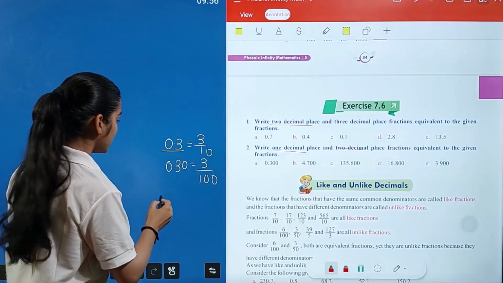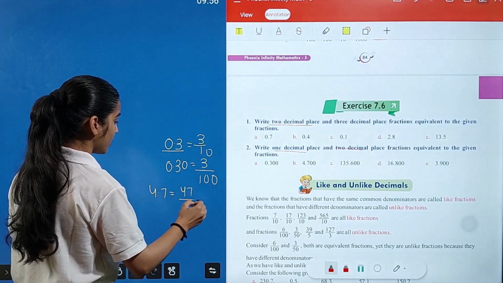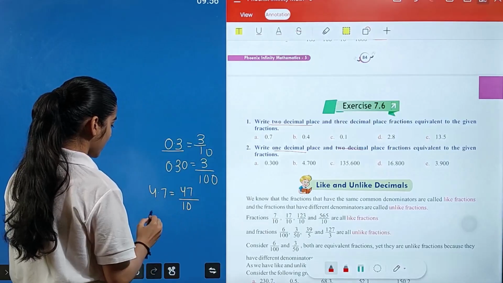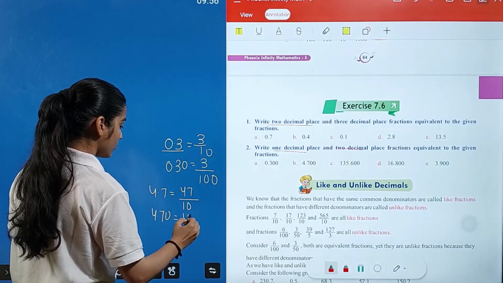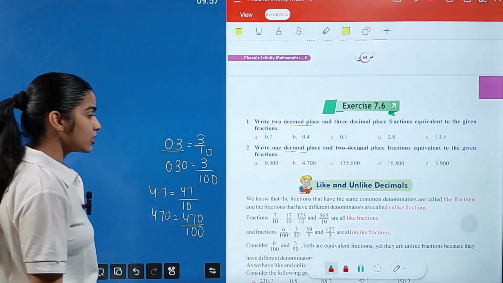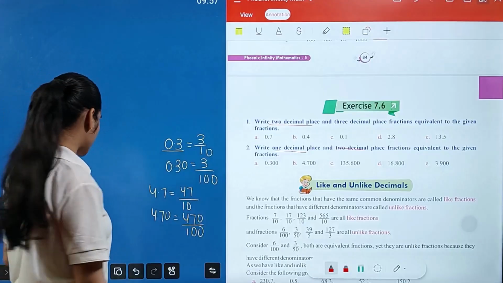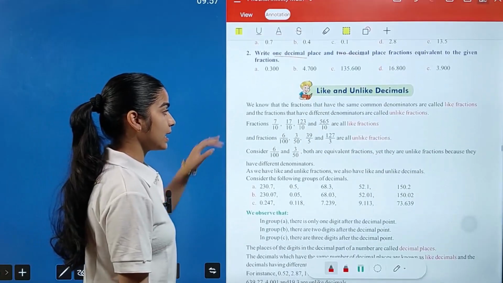For 4.7, you can write 47 upon 10, and for 2 place value you can write 470 upon 100. So in the same way you can do the rest of the parts you have in your question number 2. Now we move forward to our next concept, which is like and unlike decimals.